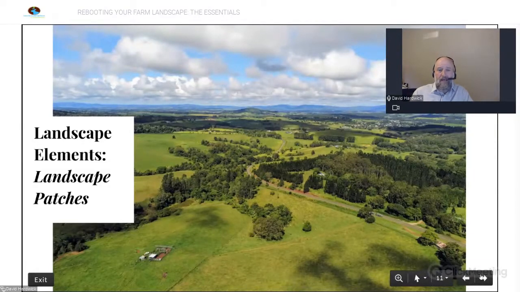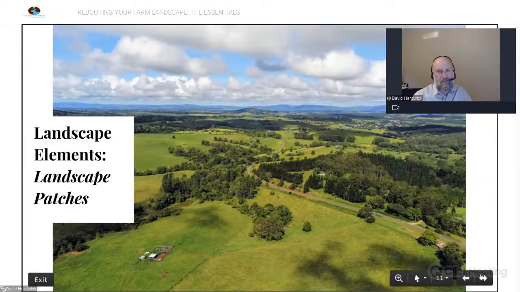Natural landscapes have patches, and that's a scientific term, believe it or not, from landscape ecology. So you can see here there's different patches. There's small clumps of trees. There's larger patches of trees. There's tree rows. There's fences, which are breaking things into paddocks. There's also dams, creeks, riparian areas, etc. And these are all different parts of your landscape, what we call their landscape elements.